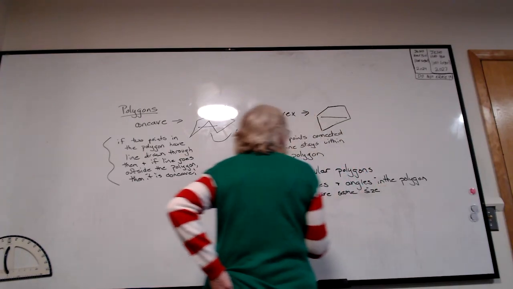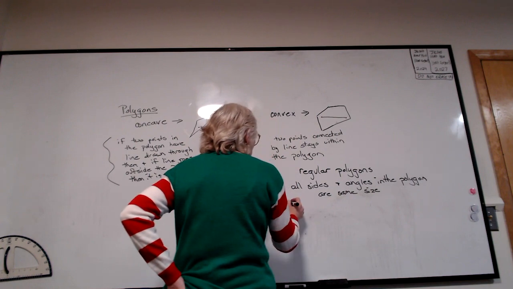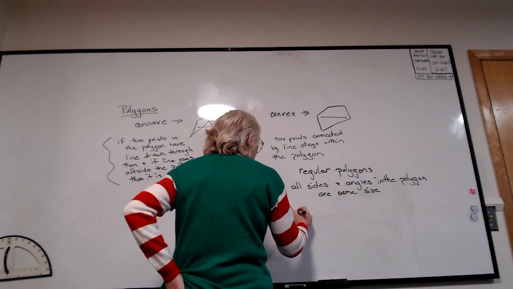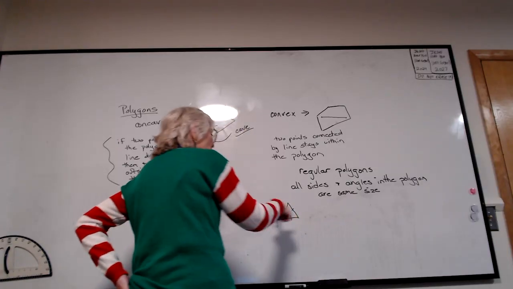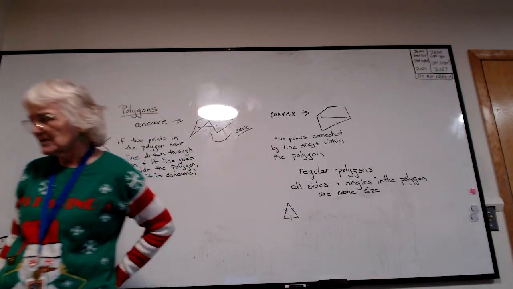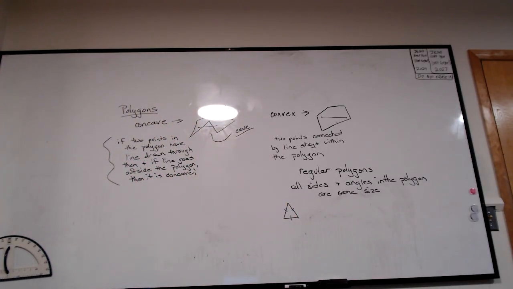So when we're talking about a triangle, it's an equilateral triangle where all these are the same, and because all of them are the same, the angles are also all the same. Okay? So an equilateral is the regular polygon of a triangle.